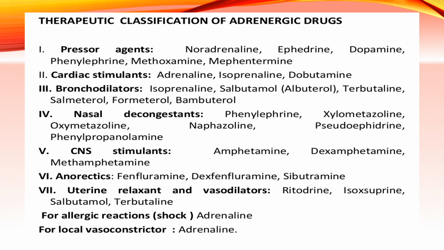For their action to be considered adrenergic agonism, they must contain the benzene ring, the ethylene bridge, and the amine tail. So that would be all for agonism on adrenergic receptors. Thank you so much for listening.